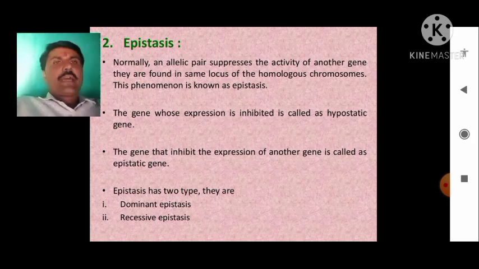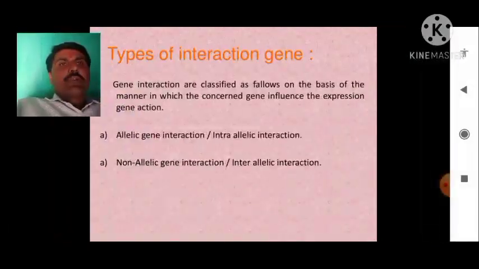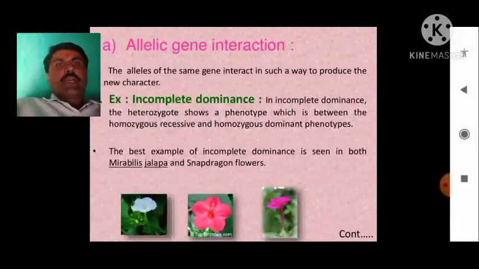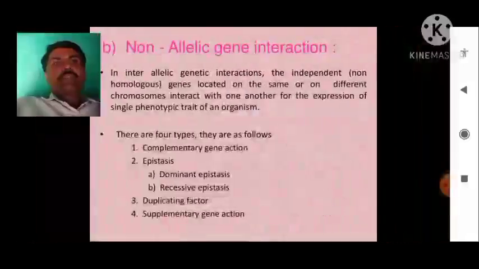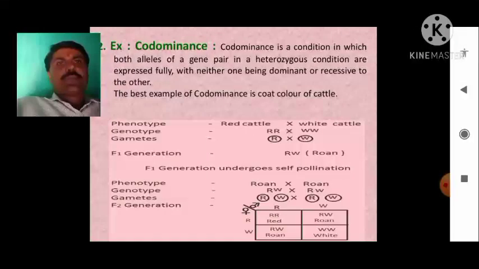In the case of allelic gene interaction, we got incomplete dominance as well as co-dominance.